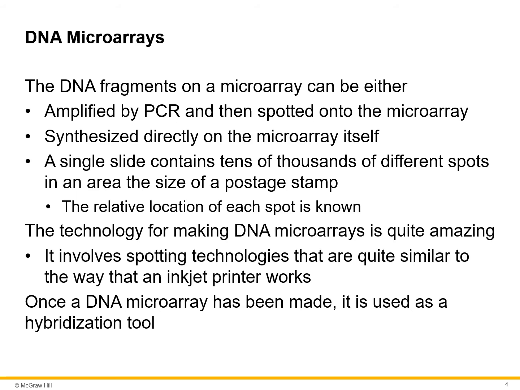So the DNA fragments are either made synthetically or they're from a sample then amplified by PCR, spotted. One slide can have tens of thousands of different spots, and it's only about the size of a postage stamp. So it's kind of amazing, the technology of having that many different samples.